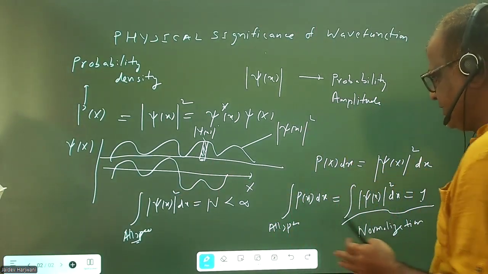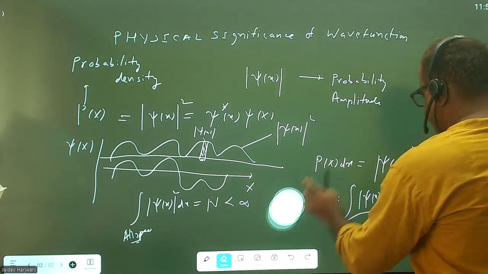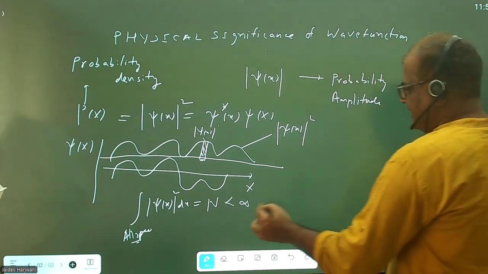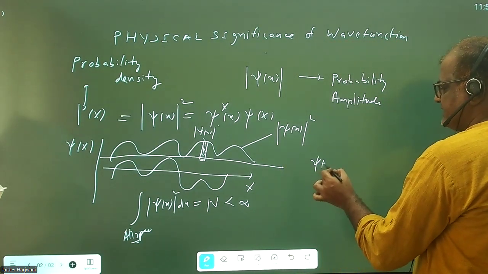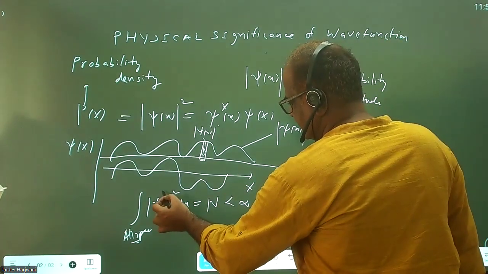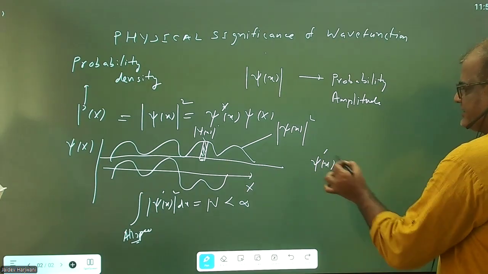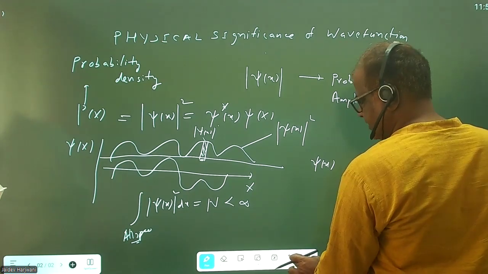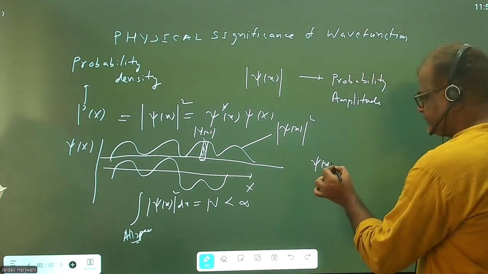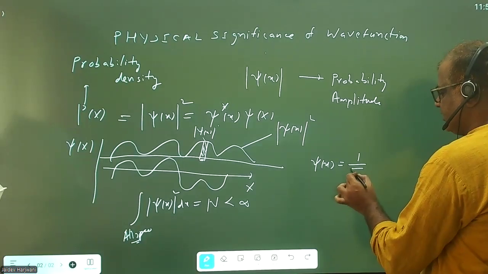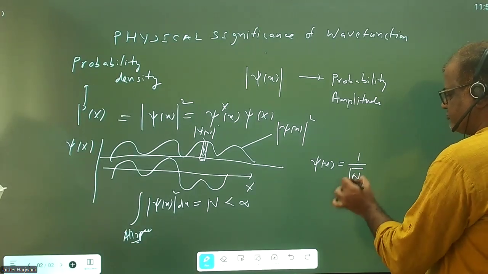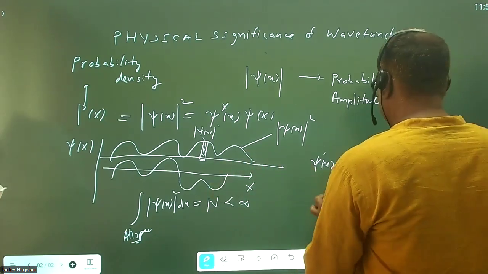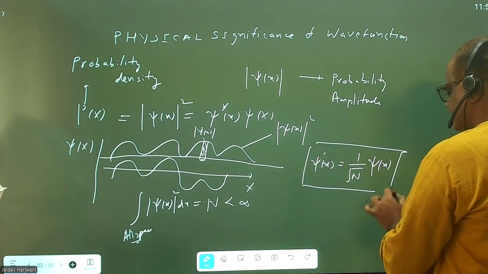Now if my wave function psi x is not normalized, then I can take some other function, psi dash x. So psi dash x can be written as 1 over the square root of n times psi x. So this is the normalized wave function.